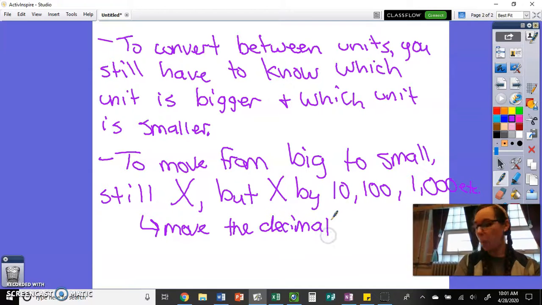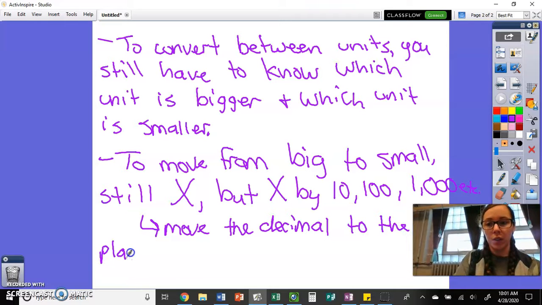Move the decimal to the place you're converting to.